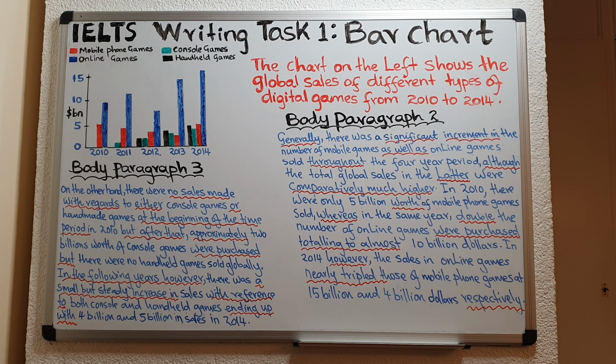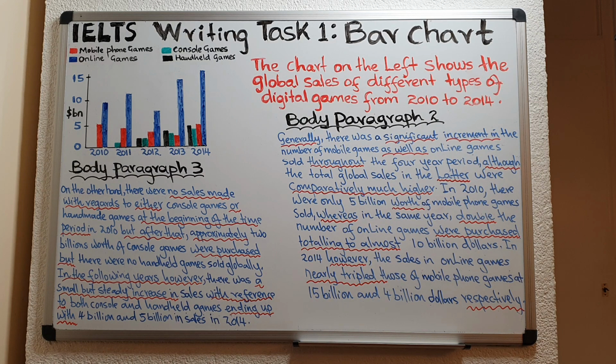Although the total global sales in the latter, which means the one that was mentioned as the second one, that is the last one, that is online games, were comparatively much higher. So what I have done is I have written about a similarity between mobile phones and online games, and then I introduced a difference.